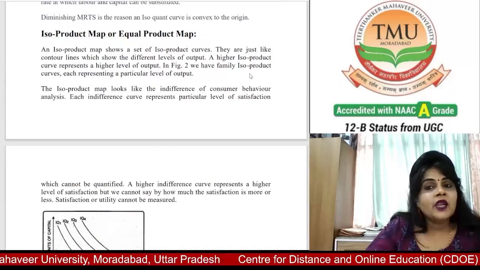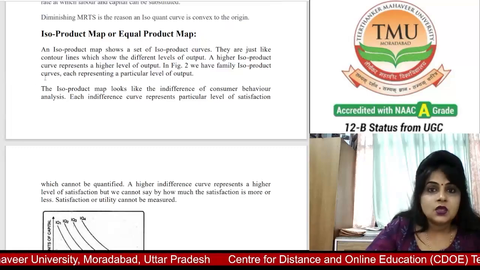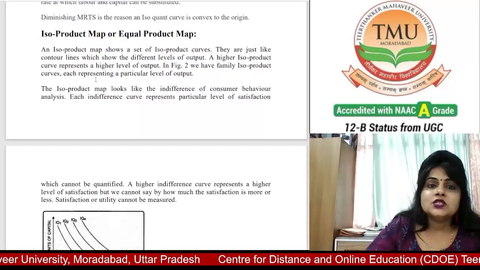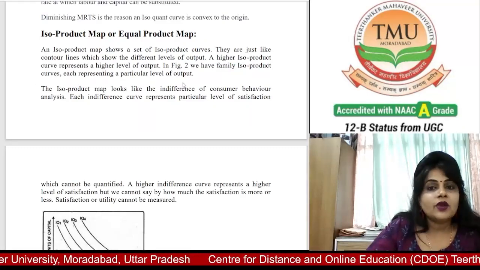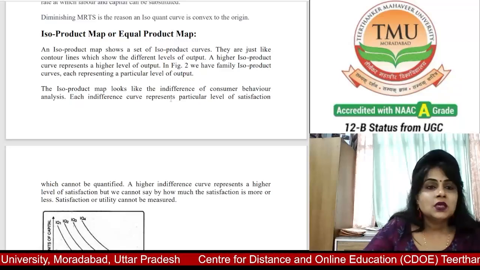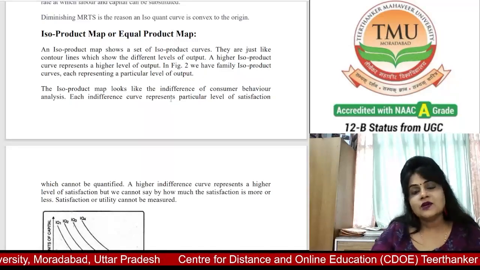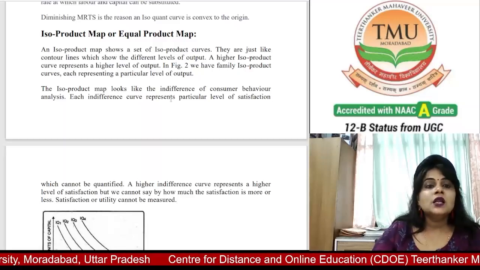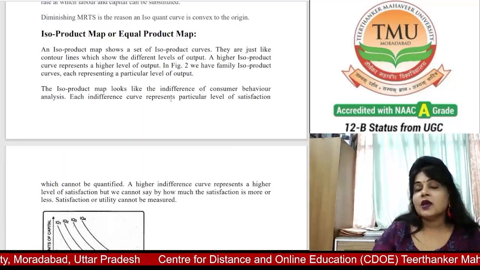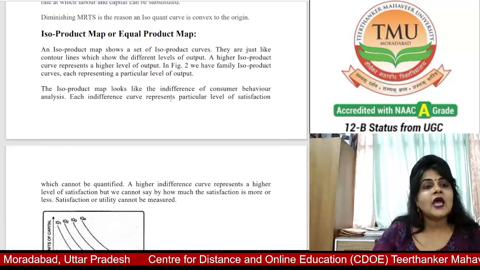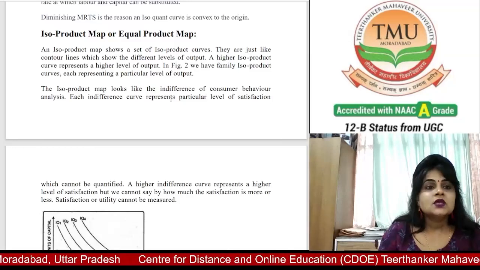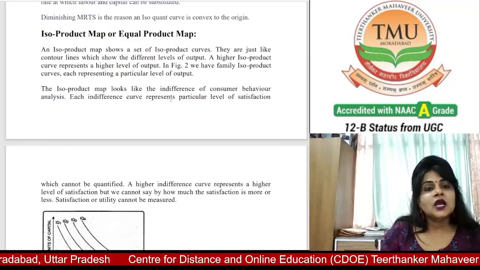We have a family of isoproduct curves, each representing a particular level of output. It means the iso map is the collection of iso curves in a single diagram.